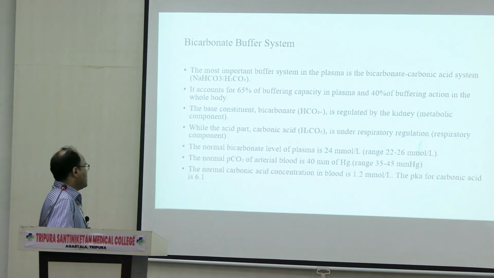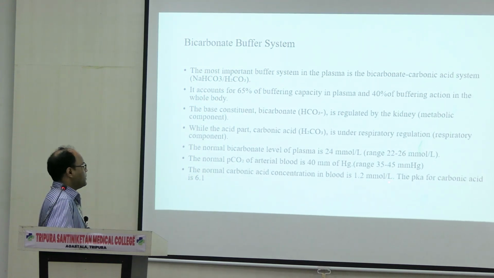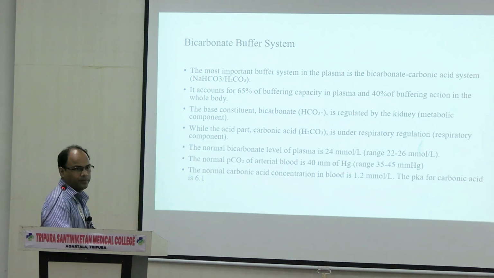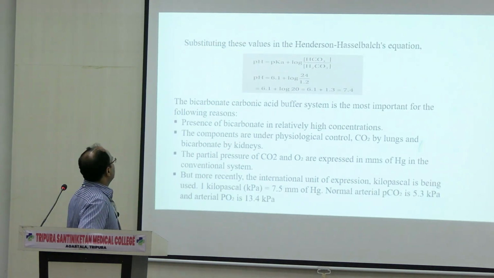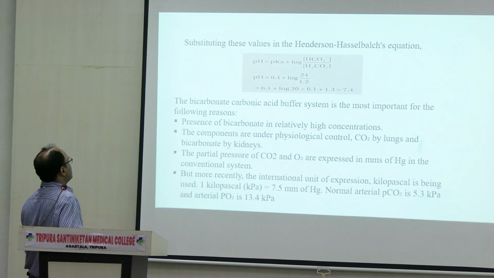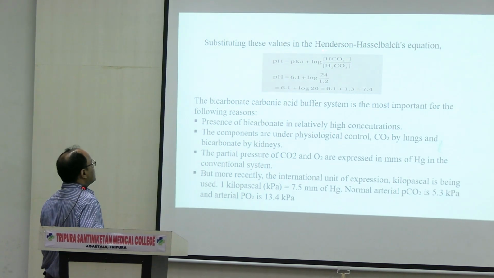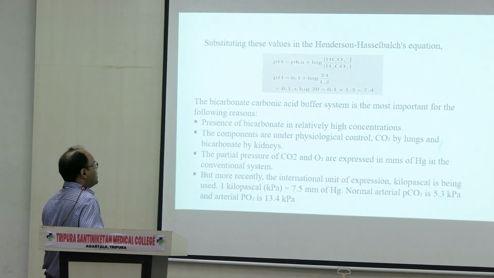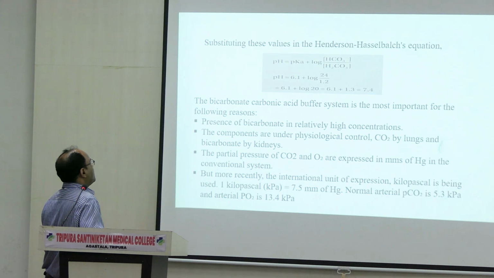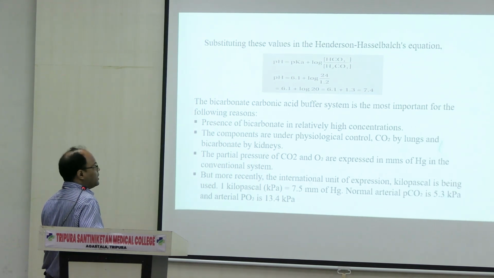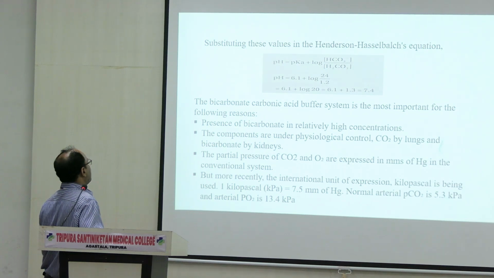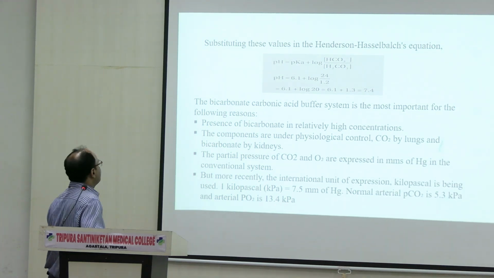Normal carbonic acid concentration in blood is 1.2 millimole per liter. The pK value is 6.1. Next, if you substitute in the Henderson-Hasselbalch equation, pK of carbonic acid 6.1, bicarbonate 24, carbonic acid 1.2, then we get 7.4, as I told earlier.